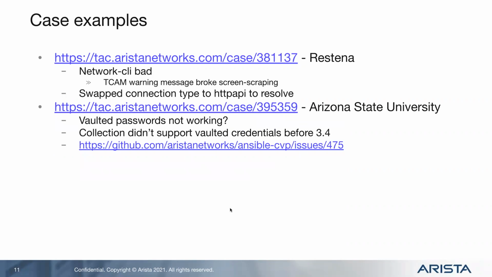More fun, continuing our theme of screen scraping not being effective. This first case here is one that is fairly recent. What happened here is that a customer had upgraded their EOS version and was discovering that afterwards their config pushes had broken. Relevant to this is that they were pushing TCAM profiles when they were doing their playbooks.